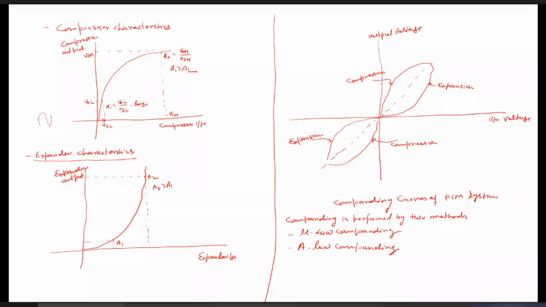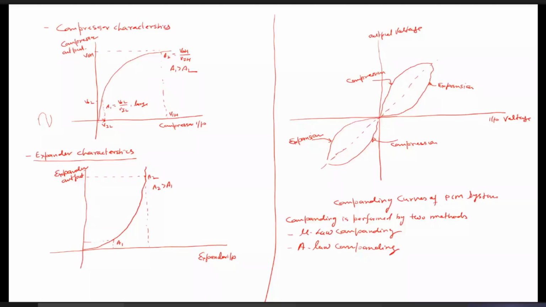And since VOH and VIH are comparable, or even VOH is less than VIH, this A2 is less. So A1 is more and A2 is less. So the compressor performs large amplification at the low amplitude as compared to the high amplitude.